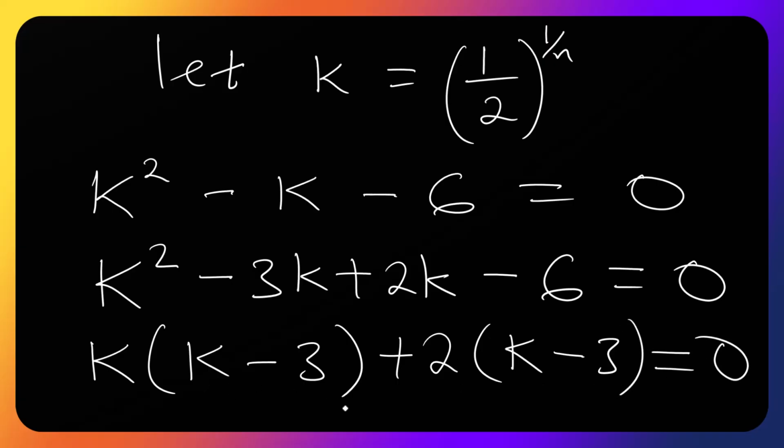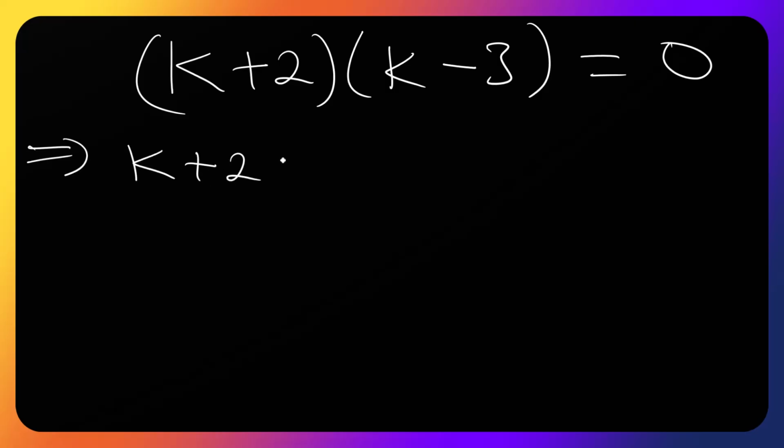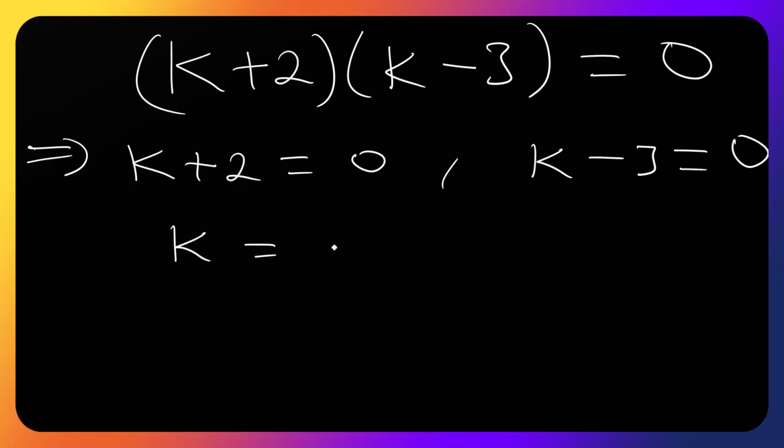So we have common terms here, k plus 2, k minus 3 equals 0. So from here, k plus 2 equals 0, or k minus 3 equals 0. So we have k equals minus 2, and k equals 3. So we have two answers for k, minus 2 and 3.